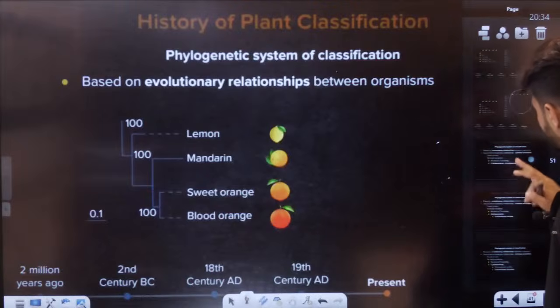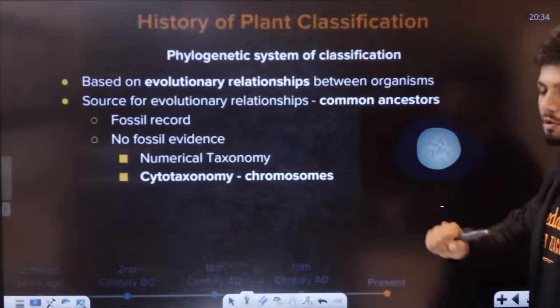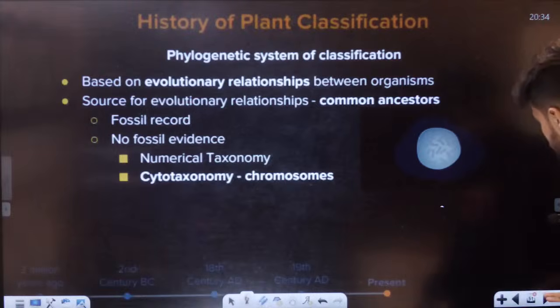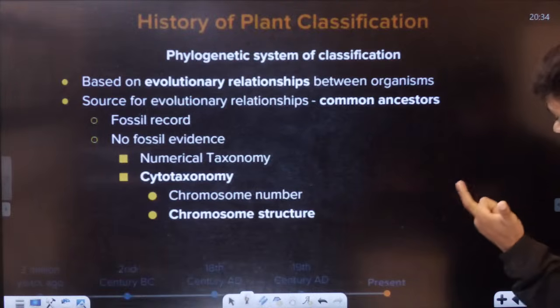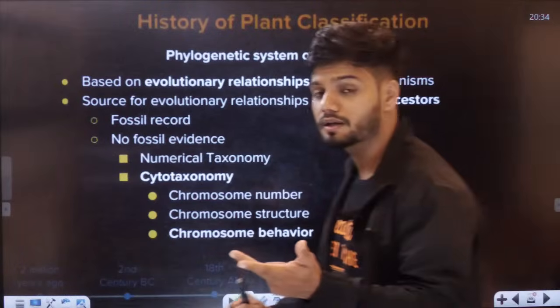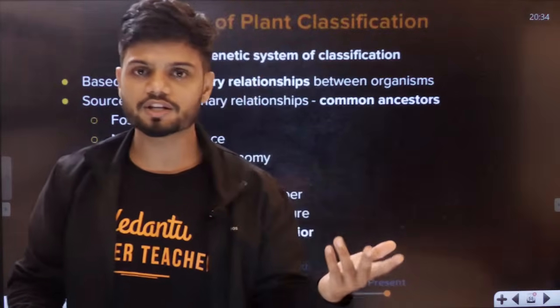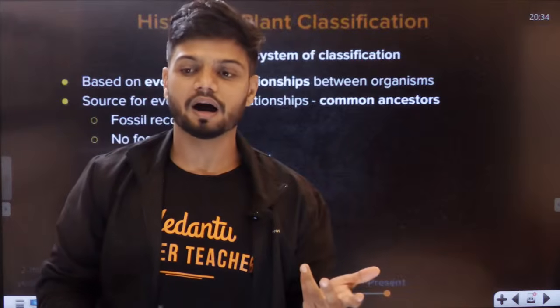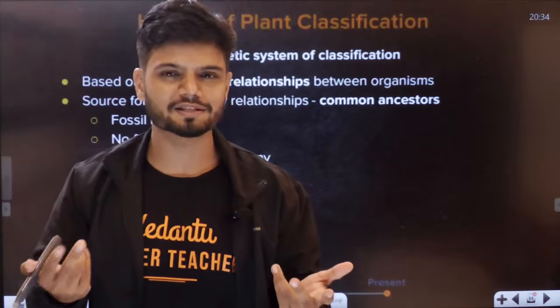Apart from numerical taxonomy, there is something called cytotaxonomy. In cytotaxonomy, we use chromosome number, chromosome structure, and chromosome behavior also. Why? Because chromosomes will not change eventually. They'll remain the same generally unless there is a mutation.